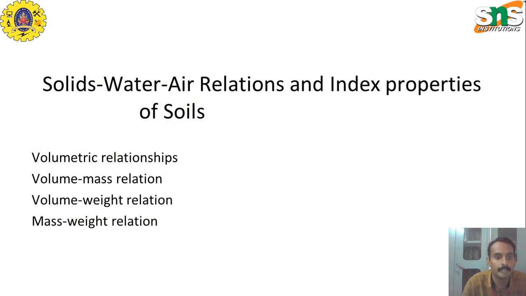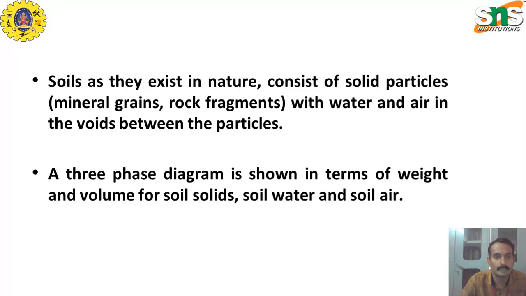So there are different relationships which are used to represent the various forms of soil. As I already told, a three-phase diagram is a pictorial representation in terms of weight and volume representing the different stages of soil, that is solid, water and air.